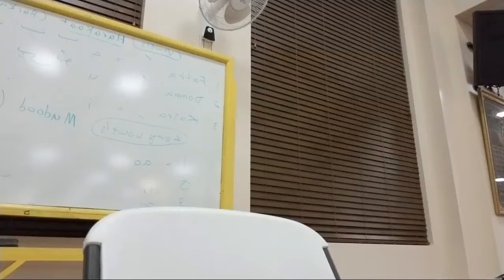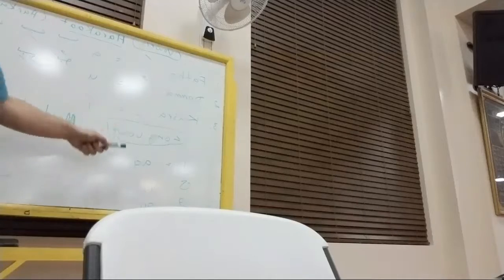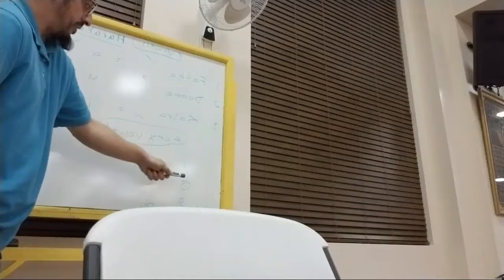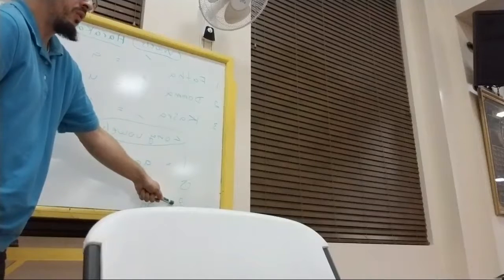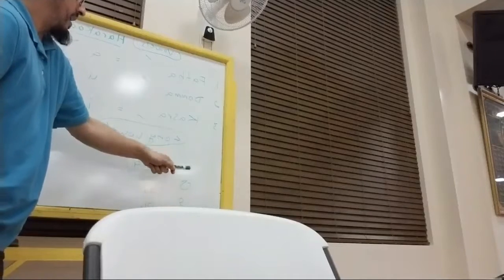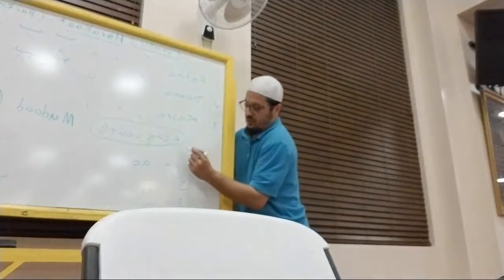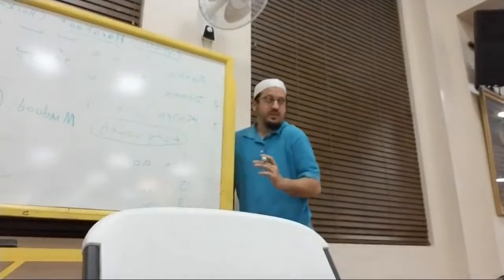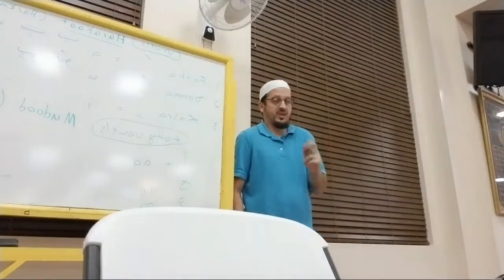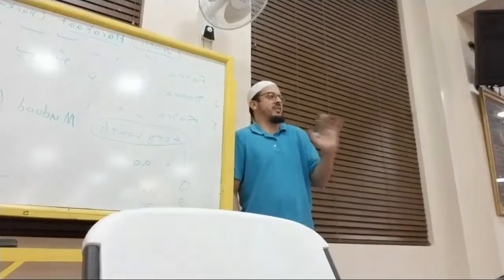Then you have the long vowels. The long vowels are three: Alif, Ya, Waw. A, I, U. Now, if the Alif has this, then it's not a long vowel, because the Hamza makes it have a stop.